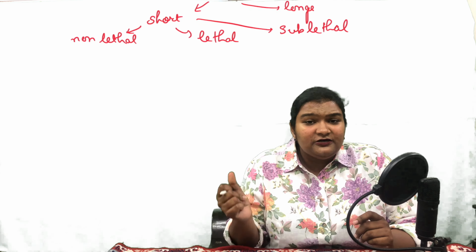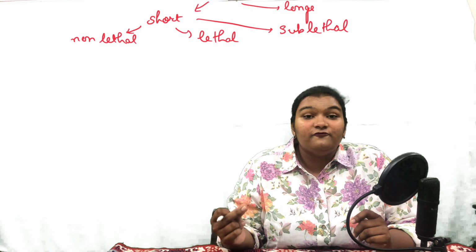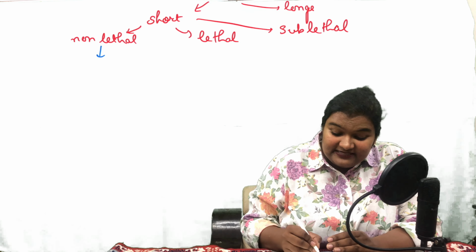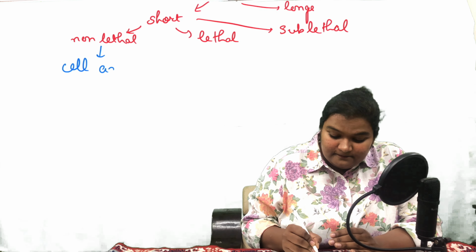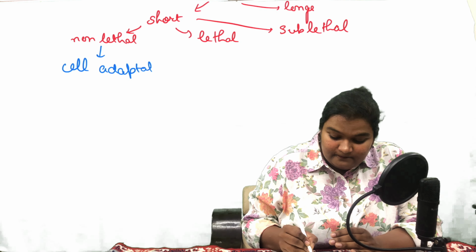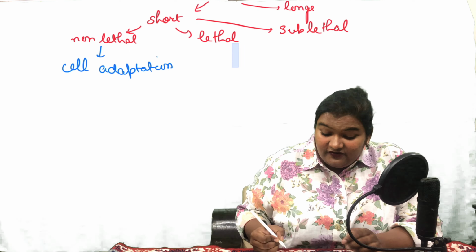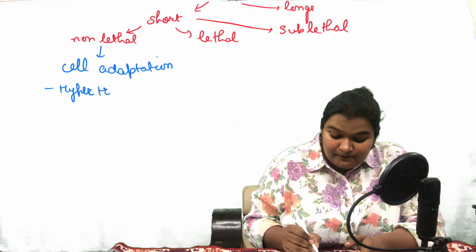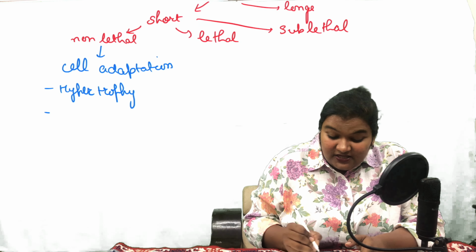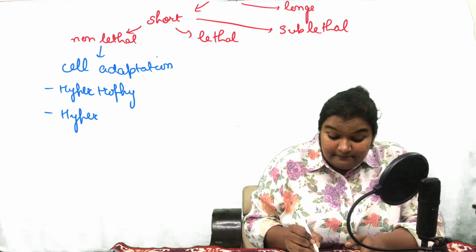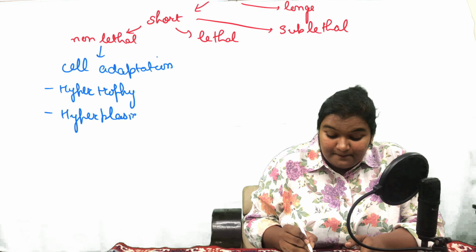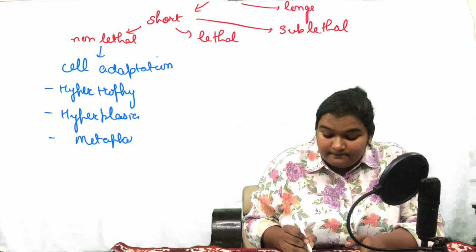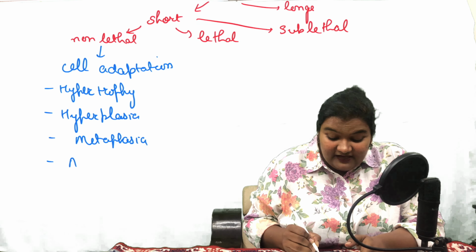The body quickly adapts to that stimulus, and that is called cell adaptation. So what are the different kinds of cell adaptation? First we have hypertrophy, then hyperplasia, then metaplasia, and then atrophy.